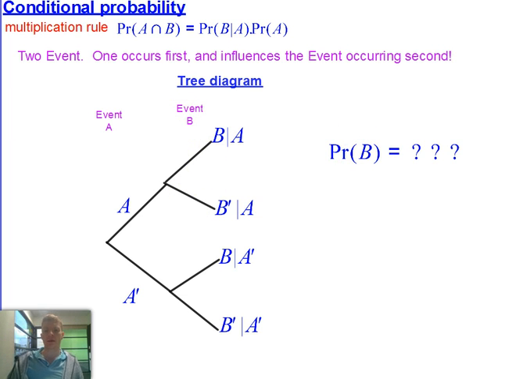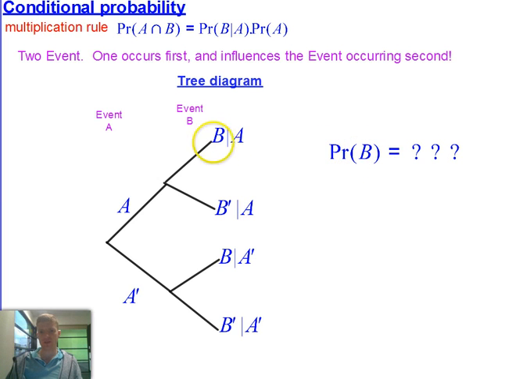Only that one. But B changes depending on what happens previously. The probability of B is different if A happens, or if not A happens. So let's think about where in the tree diagram is just the probability of B occurring.